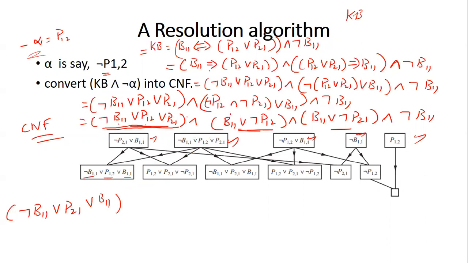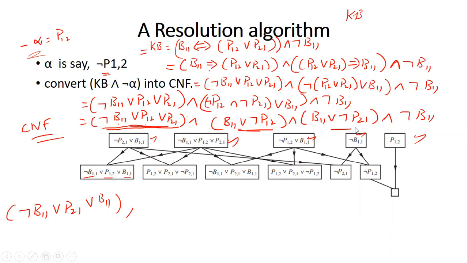Actually, these symbols, or and and, are not required in resolution. We will have only the set. So don't get confused with this. Similarly, when you apply resolution between this and this, what will you get?